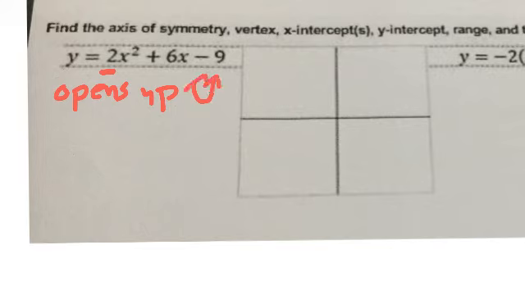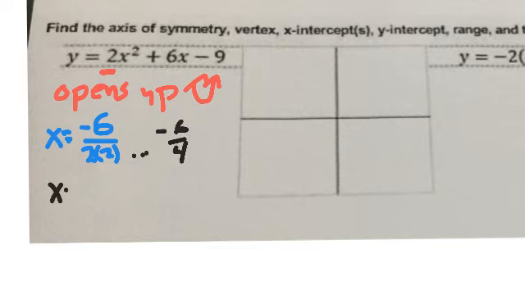Okay, the next thing that I would find is the axis of symmetry. We can find the axis of symmetry by plugging into the formula x equals negative b over 2a. So in this case, that would be negative 6 over 2 times 2, which is negative 6 over 4, which is negative 3/2.